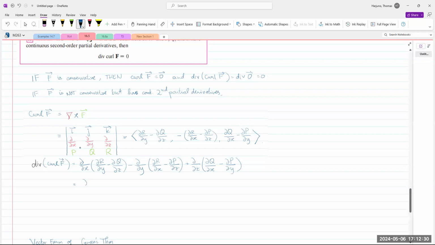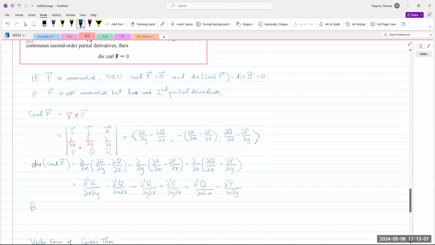Okay, so this will be partial squared R partial x partial y minus partial squared Q partial x partial z minus partial squared R partial y partial x plus partial squared P partial y partial z plus partial squared Q partial z partial x minus partial squared P partial z partial y.